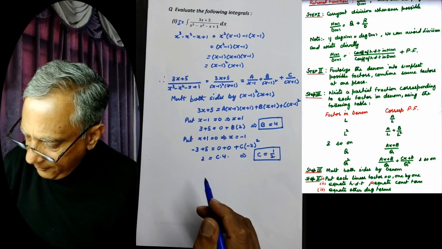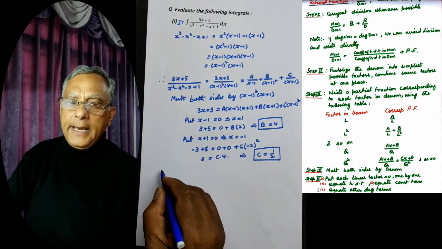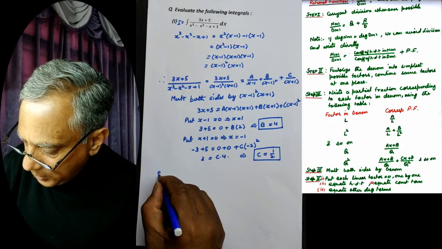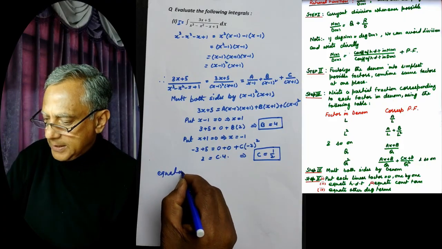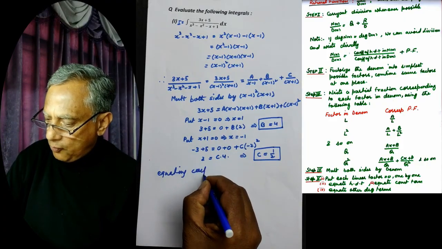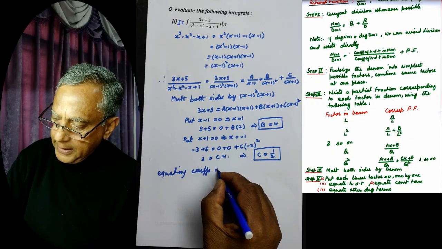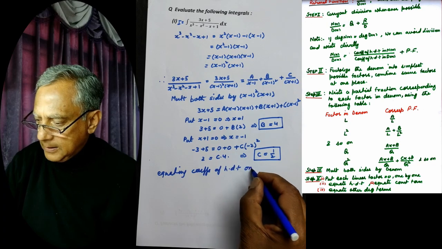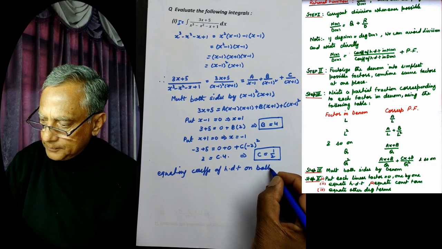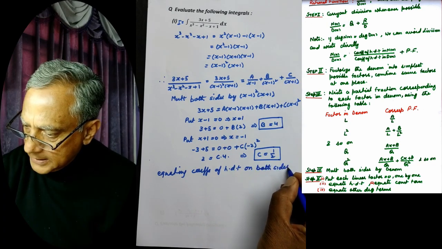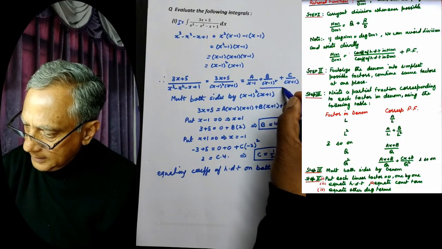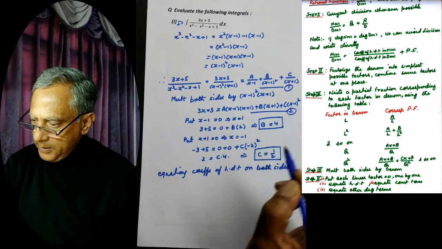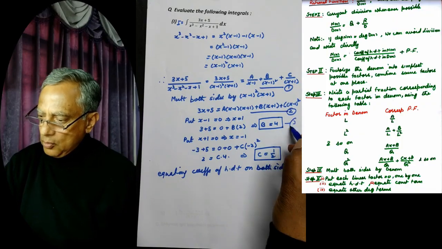Now to find a, we will equate the coefficients of highest degree term. Equating coefficients of highest degree term on both sides. Now call this as 1, this as 2, this be 3, this be 4.